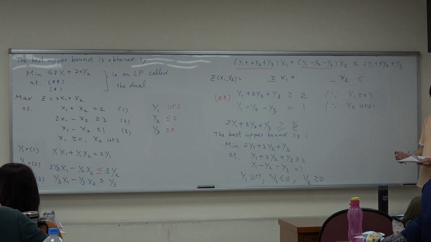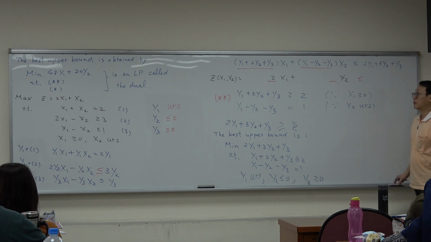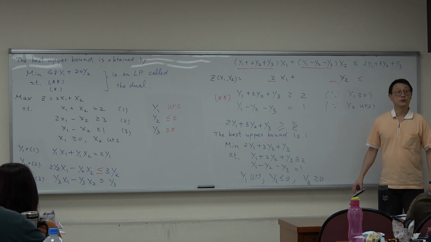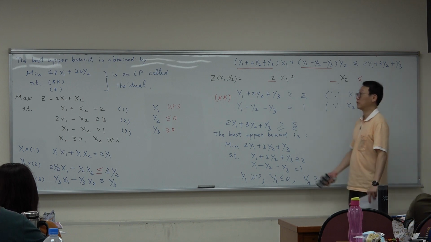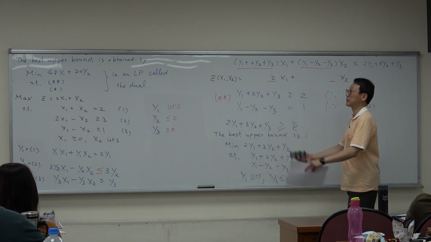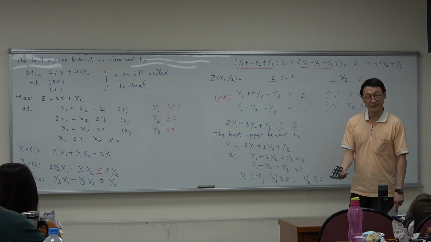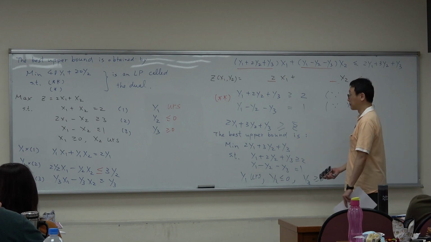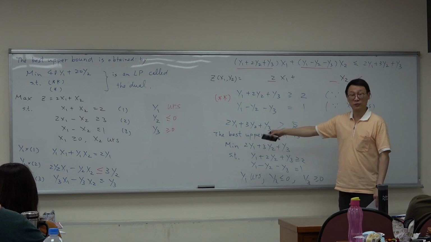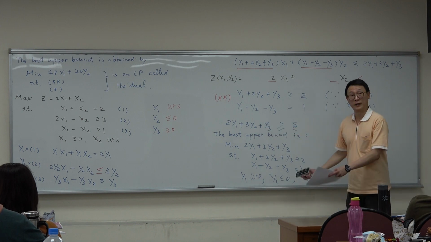Okay. So generally, for maximization we can find the upper bound, and for minimization we can find the lower bound. So we just utilize this way to find it.